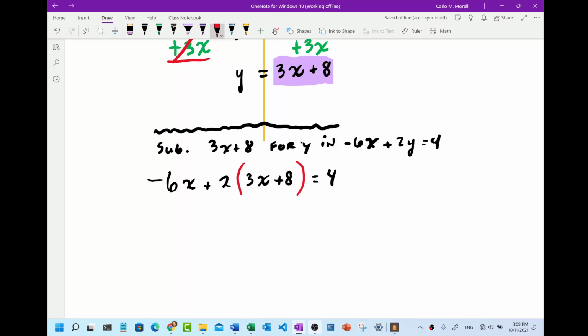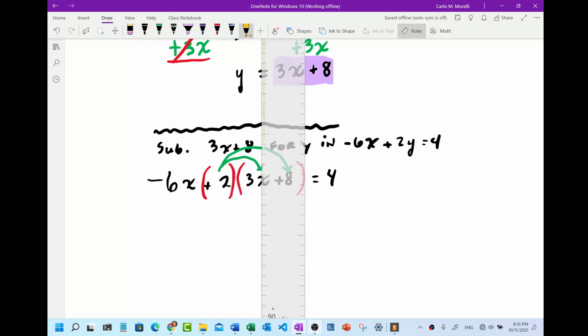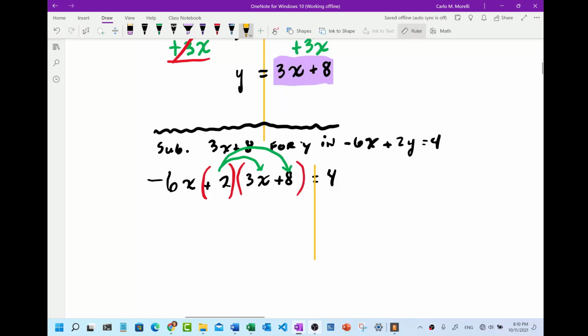And this one's a little bit easier to understand, that we're distribute multiplying a positive 2 to both of these terms. So let's drop a new ruler here, and let's see what we get. We got negative 6x plus 6x plus 16 equals 4.